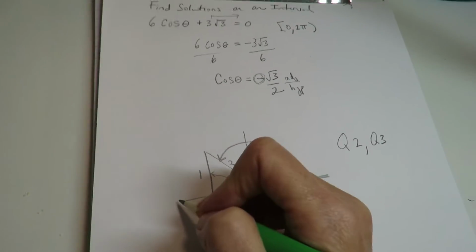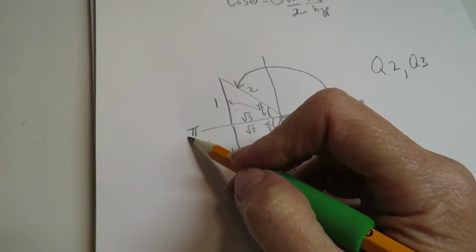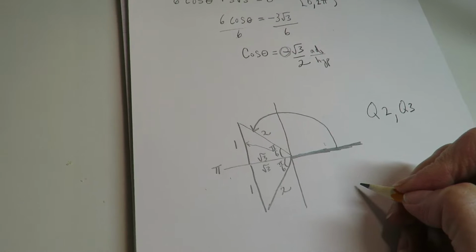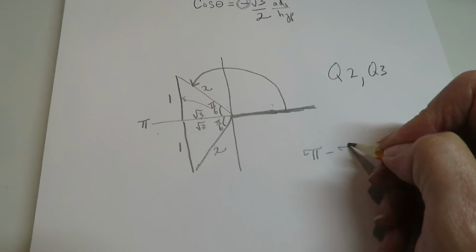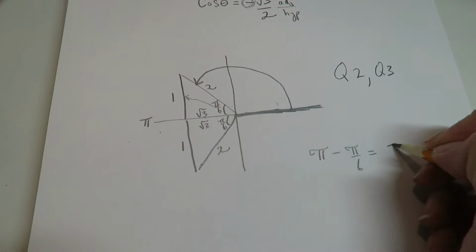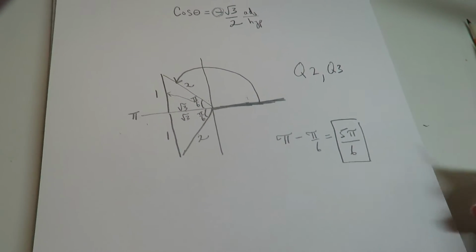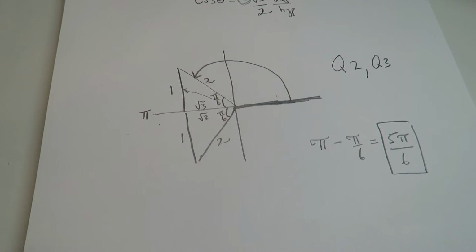Okay, so I'm thinking then I didn't quite make it to pi. I'm pi over 6 short of making it to pi. So to calculate that, I have to do pi minus pi over 6, which is 5 pi over 6. So one of my answers is 5 pi over 6, and that is the quadrant 2 answer.